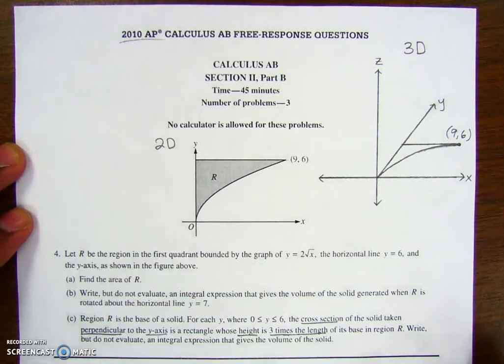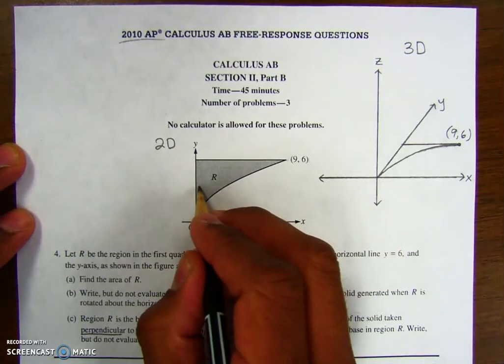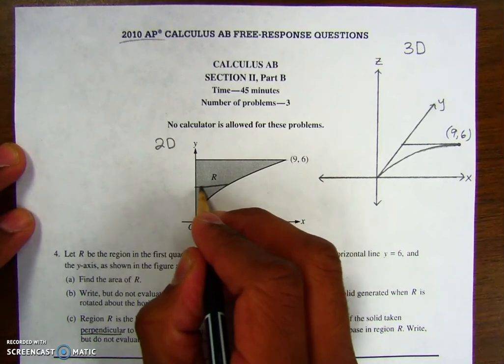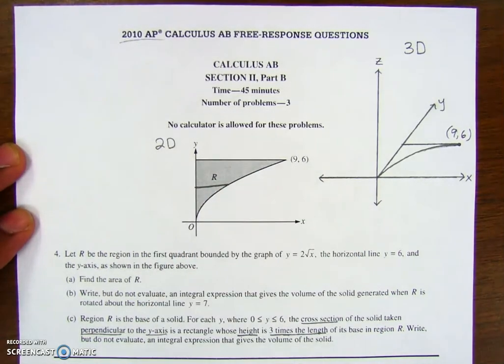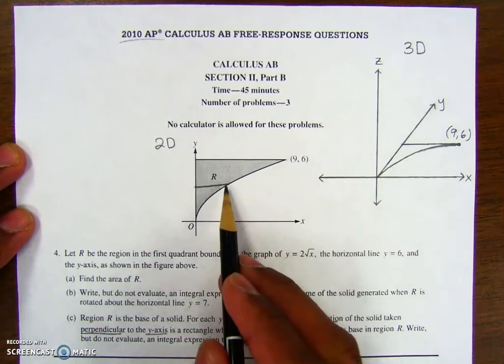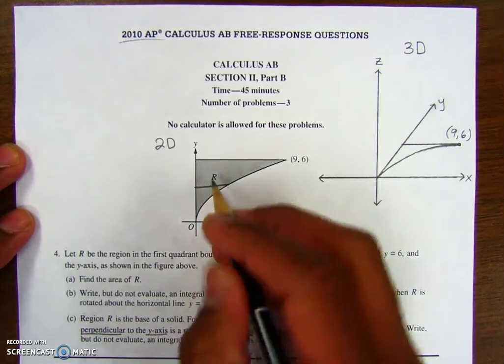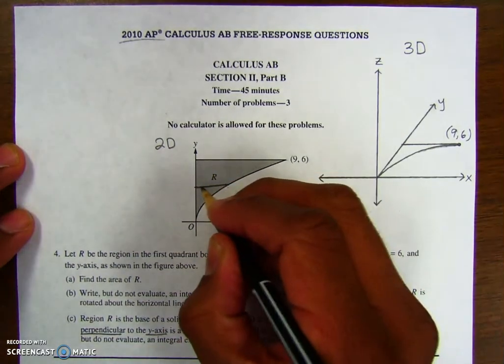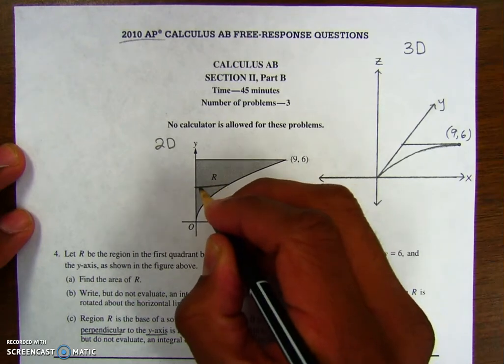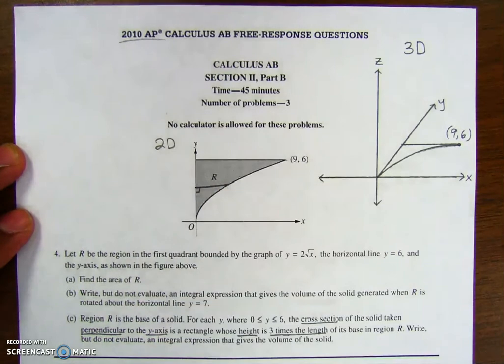So the thing that's different here is that now the base of the cross sections should form a right angle with the y-axis.